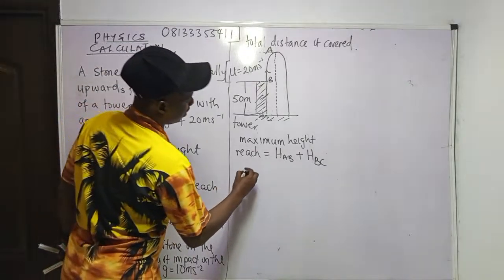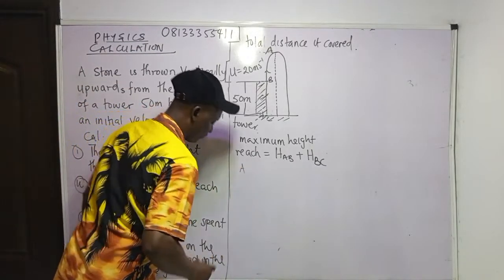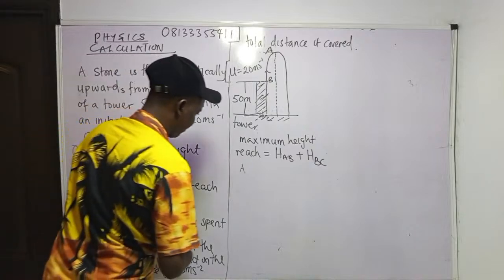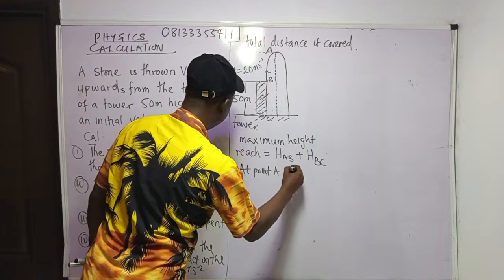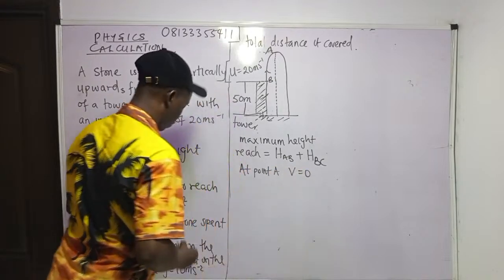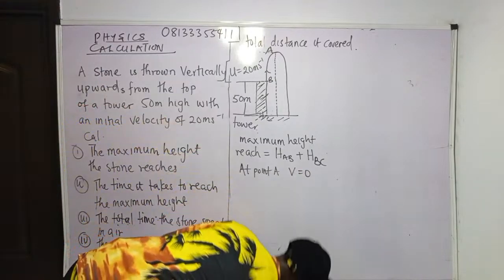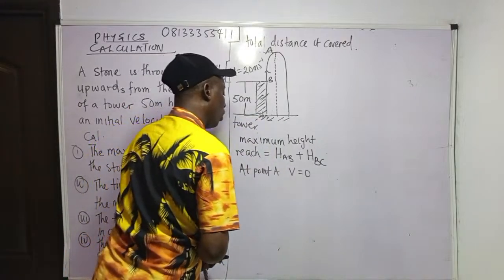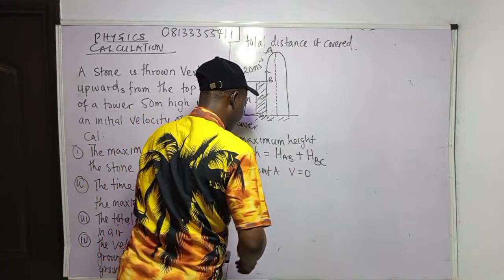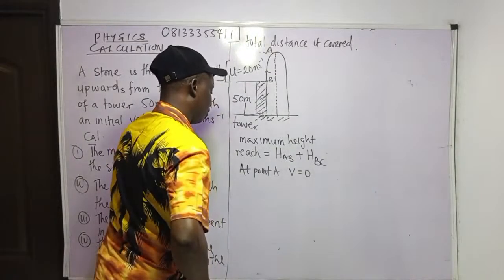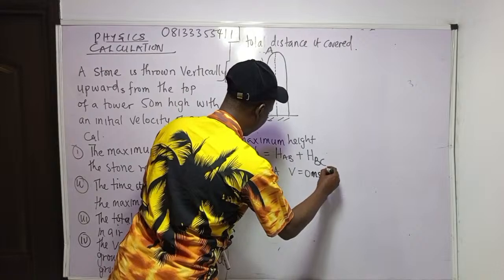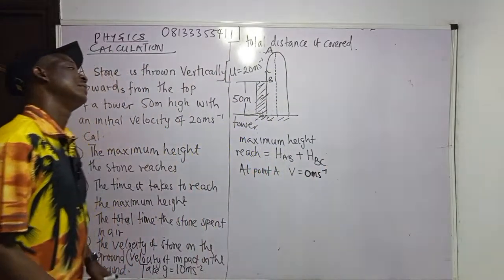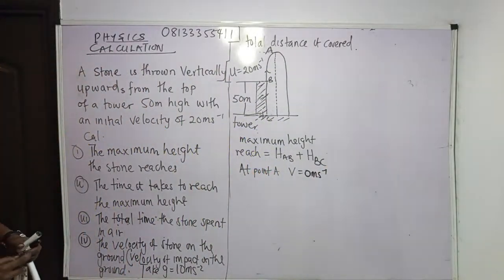At point A, the velocity is equal to 0 meters per second. Why is it 0? Because at maximum height, the final velocity is equal to 0.